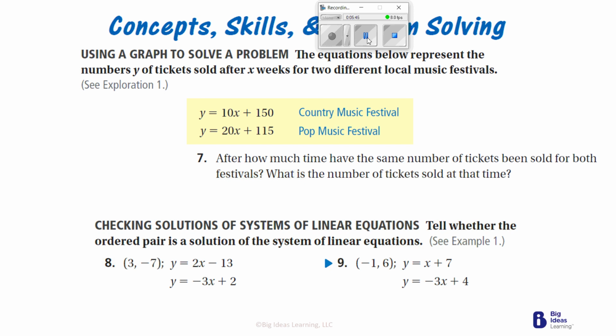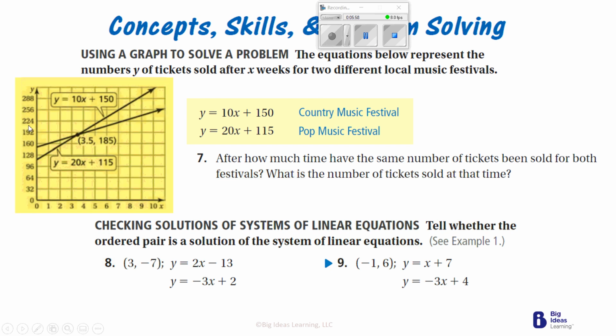First of all, apologies, I didn't have the information here that you actually needed. First, you're going to have to graph these according to your work. After you do, you'll see that the lines cross. This is y equals 10x plus 150. This is y equals 20x plus 115.